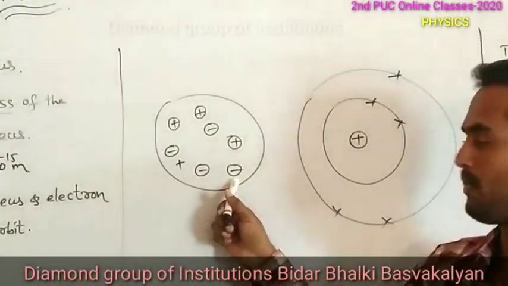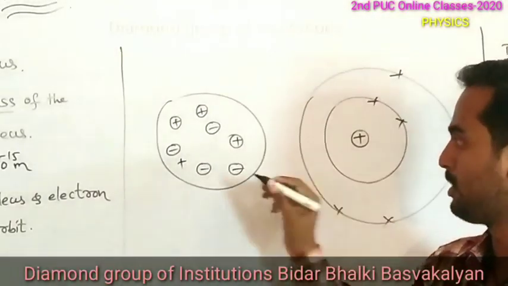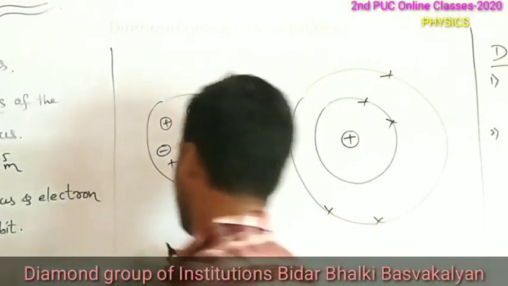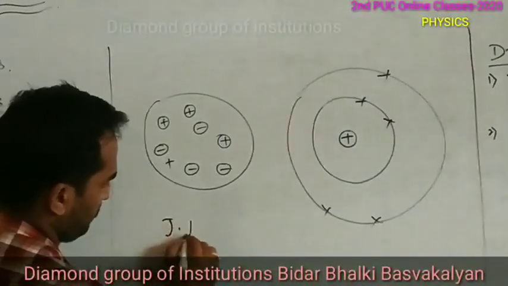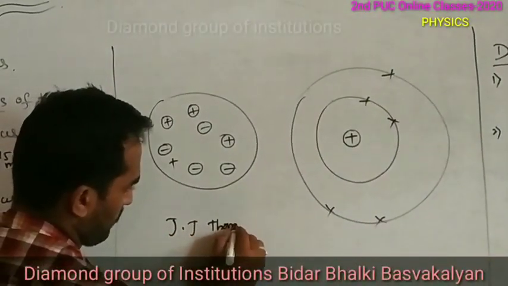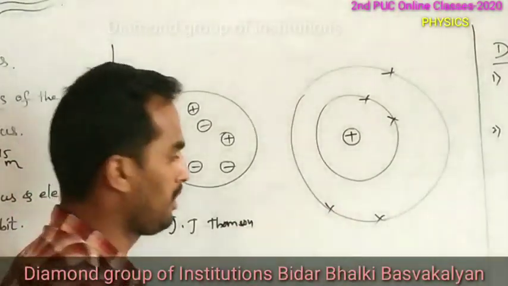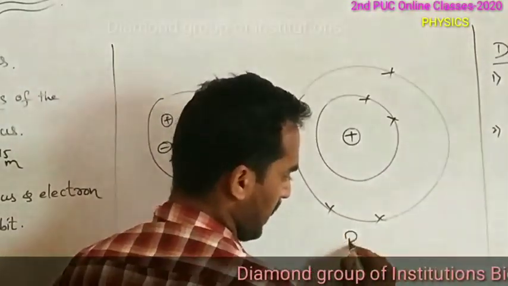See the difference between these two figures. This is the first structure, by J.J. Thomson, and this is the structure of an atom after the alpha particle scattering experiment.